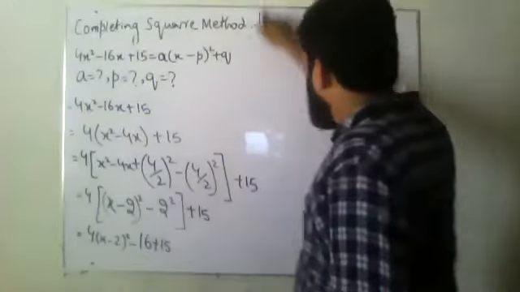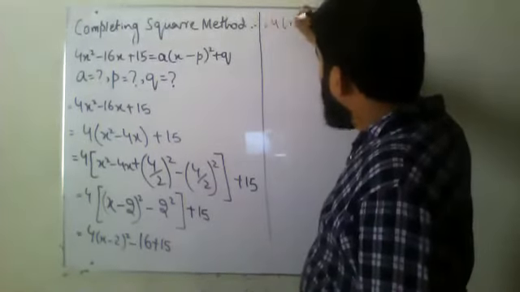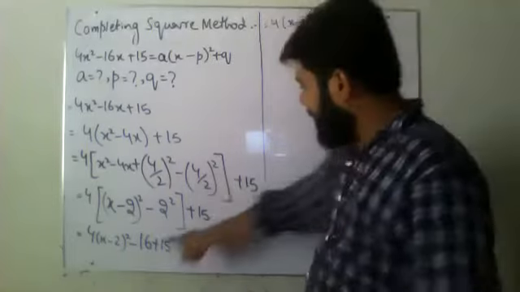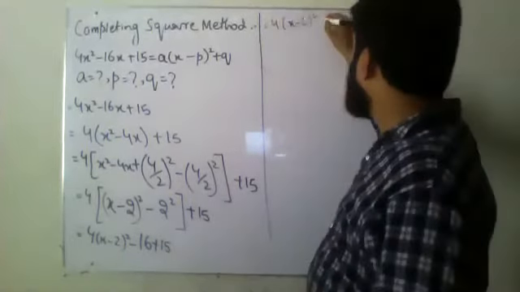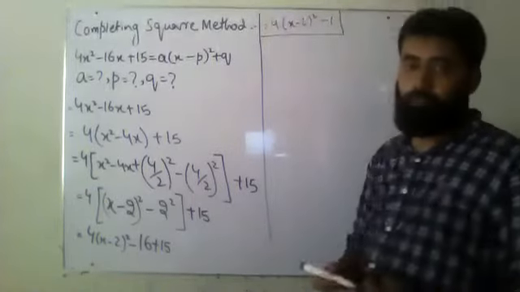Solving it, equals to 4(x minus 2) whole square minus 16 plus 15, minus 1, and that is my completing square form.